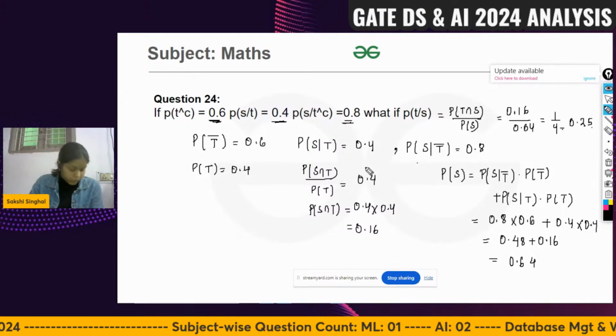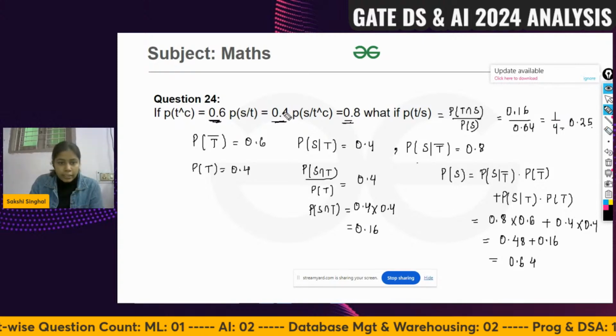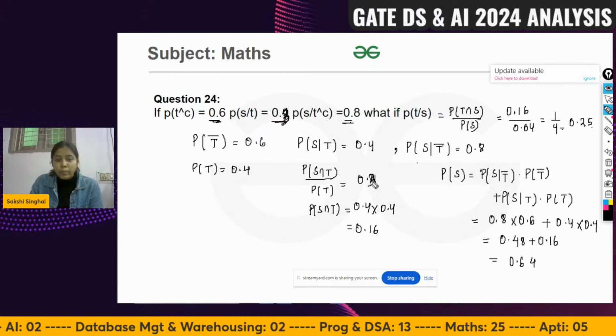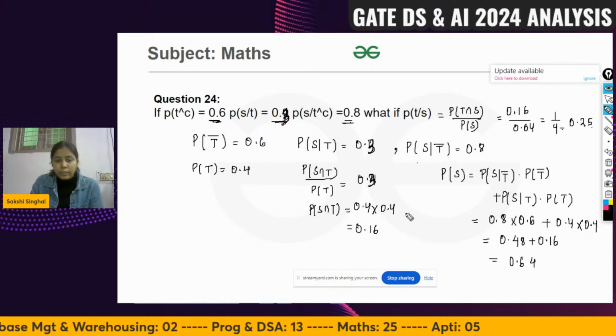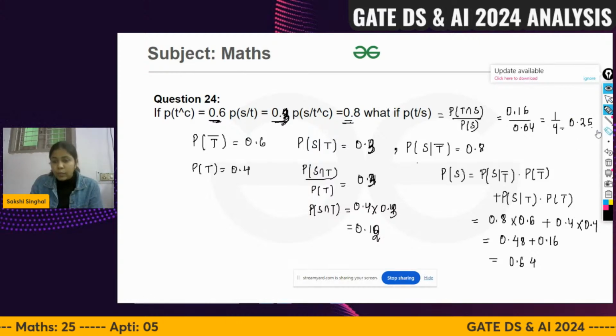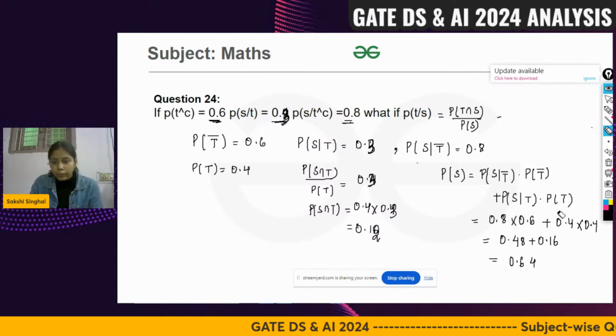Okay, Shamit is saying that it is 0.3 instead of 0.4. Let's suppose I take this as 0.3 instead of 0.4, so it would become 0.3 here, and 0.3 here, and then it would become 0.12, right? Then if it becomes 0.12, let me solve according to what you have told me.